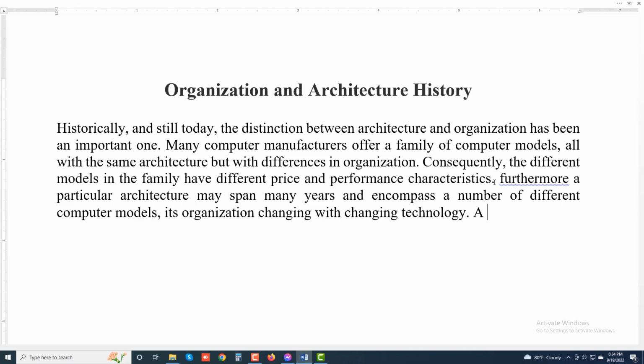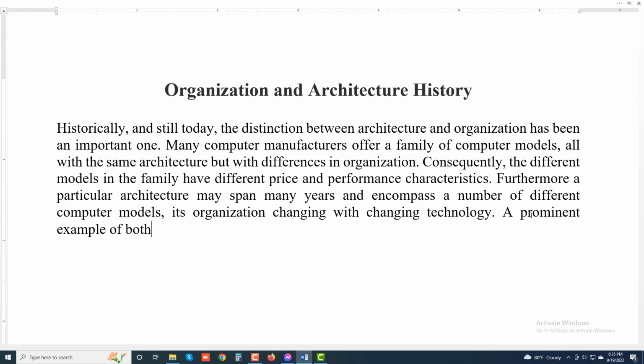A prominent example of both these phenomena is the IBM System 370 architecture.